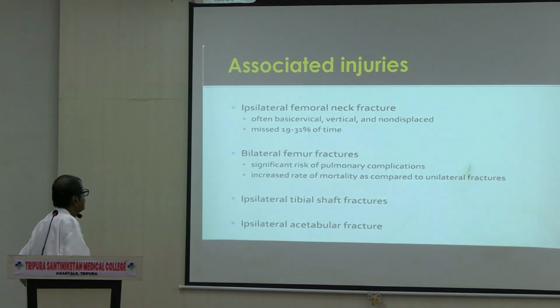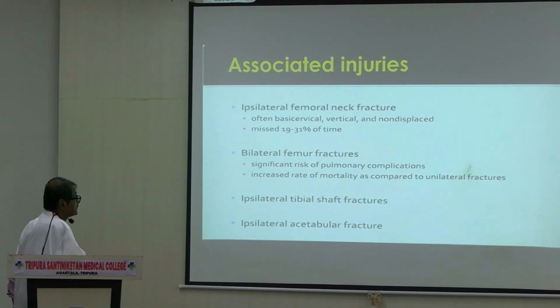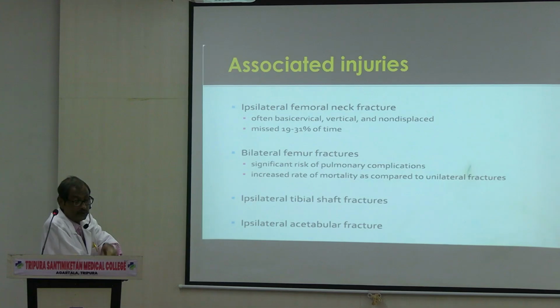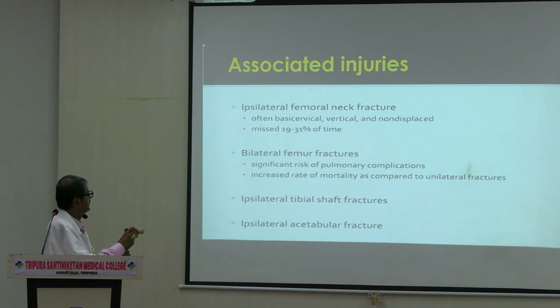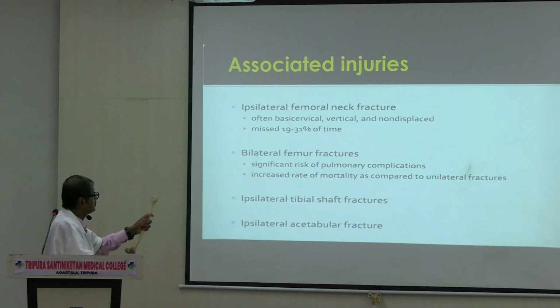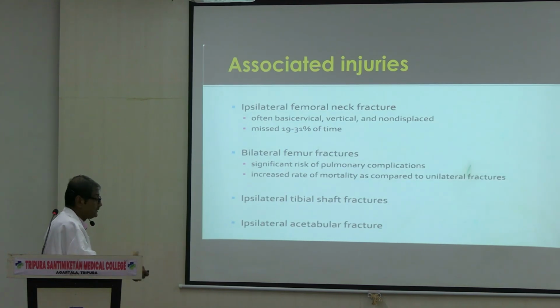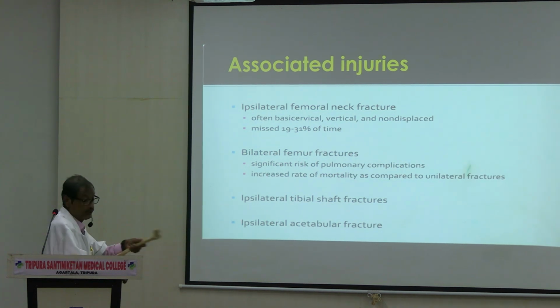So associated injuries: femoral fracture on one side, femoral fracture along with neck fracture. Another is the bilateral femoral fracture, both sides fractured; the patient will have 3 liters of blood loss. A very difficult, very dangerous patient. Ipsilateral tibial shaft: on one side femur fracture, again tibial shaft or acetabular fracture.